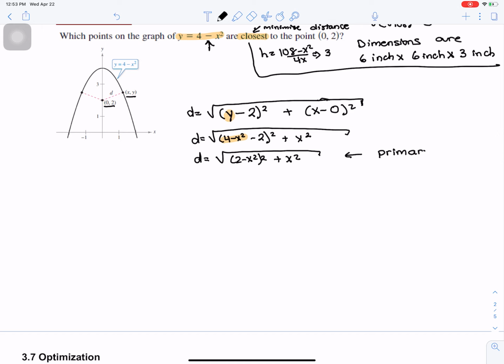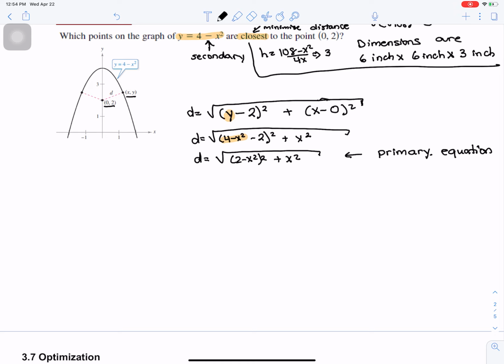We don't need a secondary equation, but if we did, this is sort of our secondary right here because it gives us more information how y relates to x. Once you have your primary equation, you would need to take the derivative, but in this example, there's no restrictions I can set up because the points are allowed to be positive and negative. So now we're kind of stuck trying to prove that this is an absolute max versus a local max.